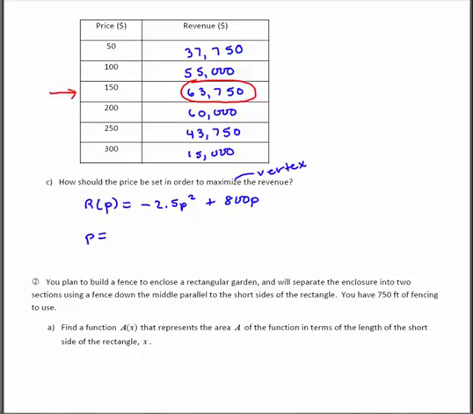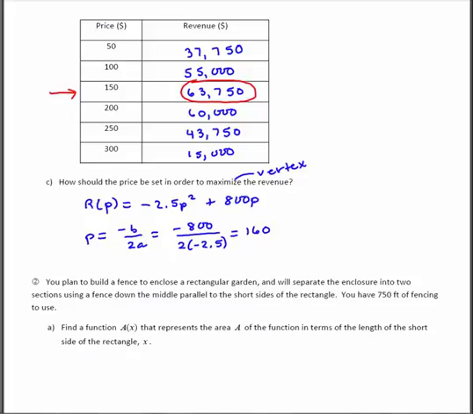The x is actually the p here, equals minus b over 2a, would be negative 800 divided by 2 times negative 2.5. And when you run those numbers through your calculator, you come up with 160. So we're close to the 150 that we saw in the table, but the actual maximum revenue is at a $160 price.